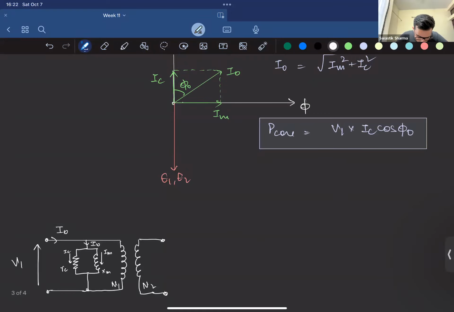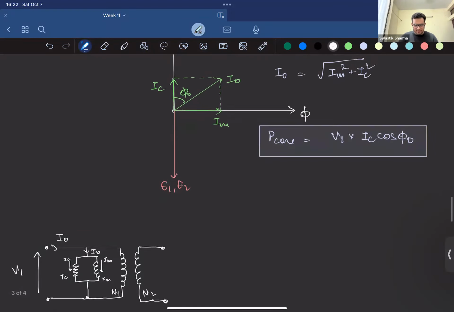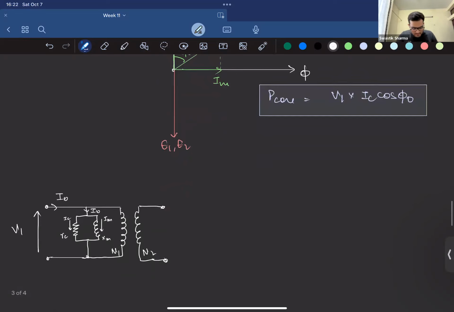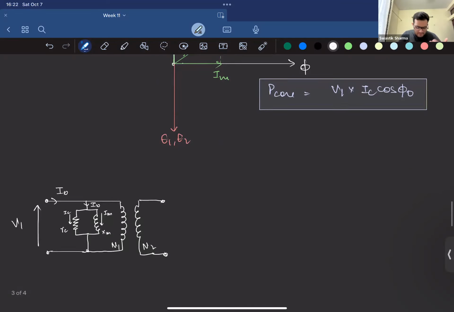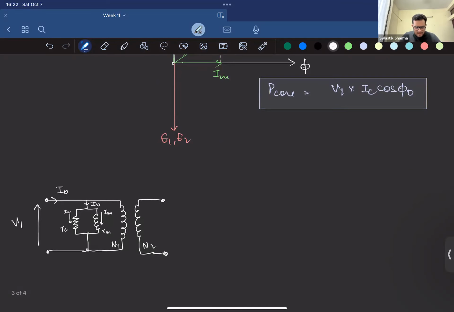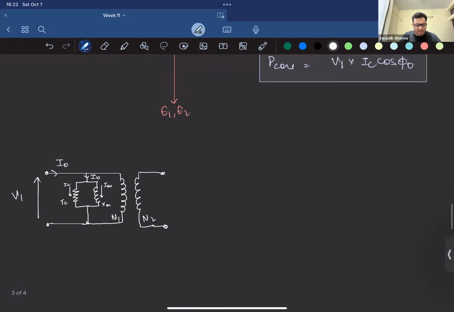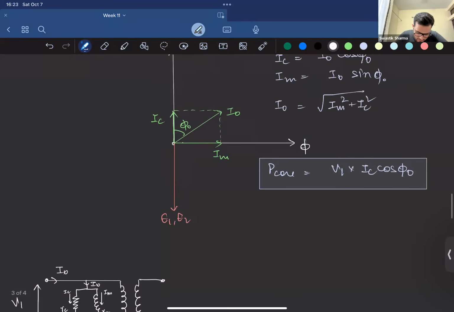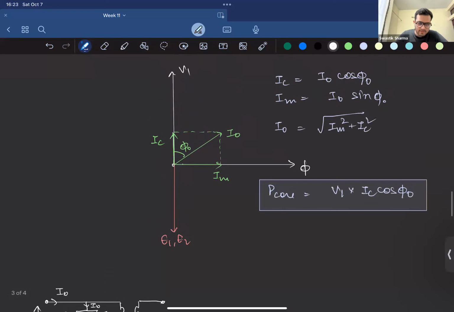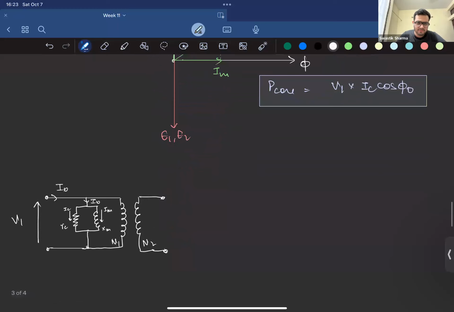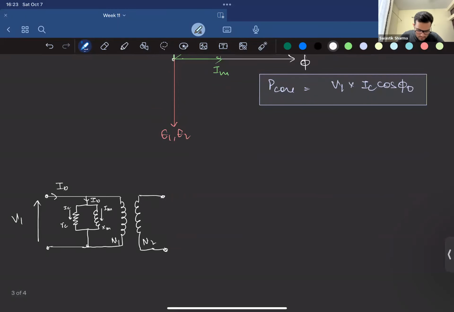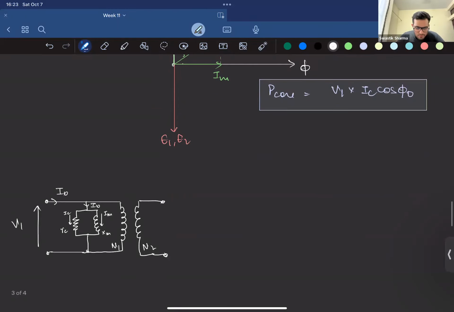So now you must be thinking, why have I represented them by a conductance or a resistance? Because it's in shunt, let's say a conductance and a susceptance of 1 upon XM, right? Now, as I've told you, I naught is lagging V1 by some phi naught angle.